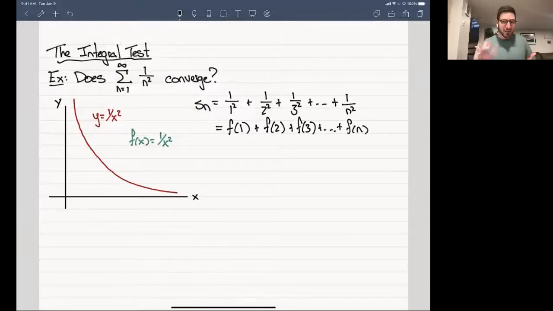So it's starting to look like a Riemann sum, and in fact, that's exactly what's going to happen here. Along the axis here, this is 1, 2, 3, 4, 5, 6. What we can do is put rectangles directly underneath this curve. So let's look at this. Here is f of 2.